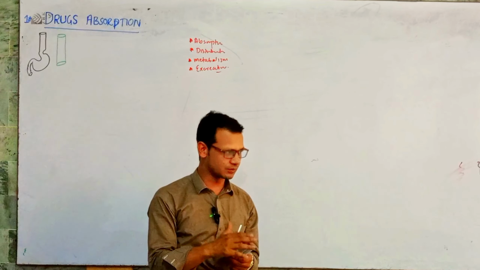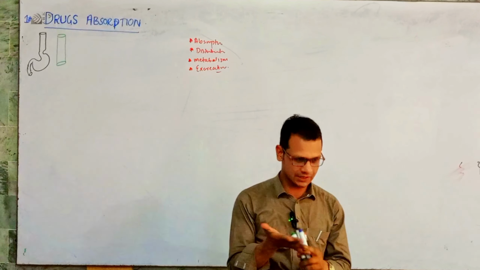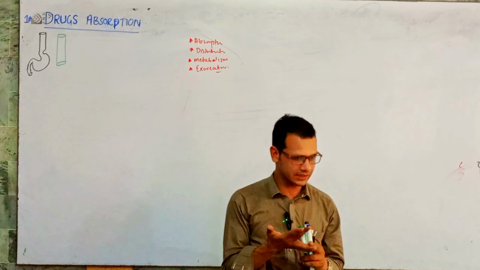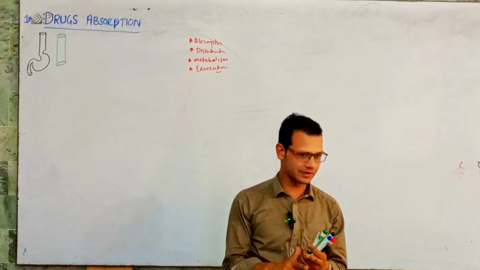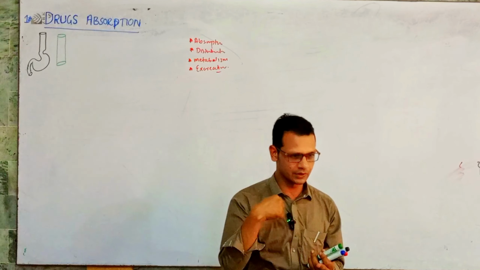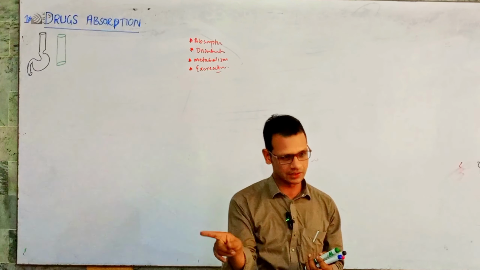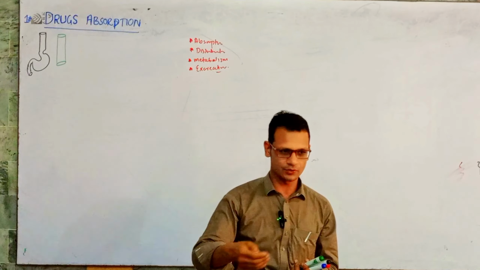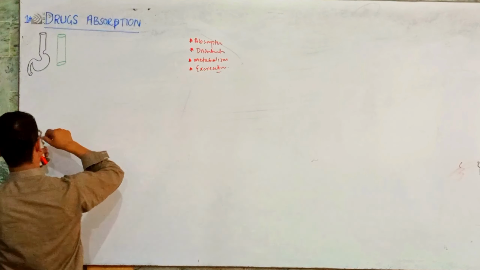And in metabolism we have three or four processes. If the chemical is inactive, it will be activated. If the chemical is active, it will be inactivated. If the chemical or drug is hydrophilic, it will be converted into hydrophobic. If the drug is hydrophobic, it will be converted into hydrophilic. And if the chemical is toxic, it will be converted into non-toxic. So this is portal circulation.